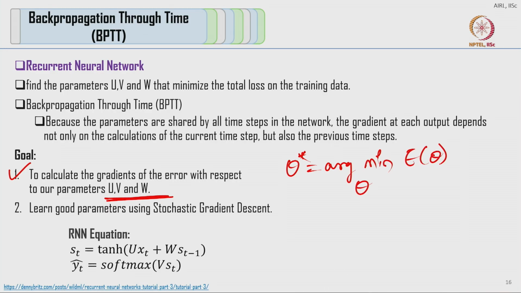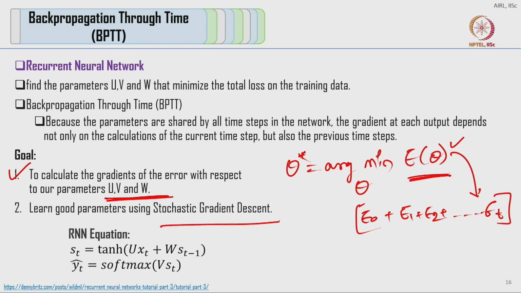Essentially what we are doing is we have the error, but now the error is an error across all the timestamps, right. This error is what we want to minimize, and we can do that using our gradient descent algorithm. When we minimize, which is arg min of E theta, we get theta star, which is the optimal set of learnable parameters, which would be U star, V star, W star, right.